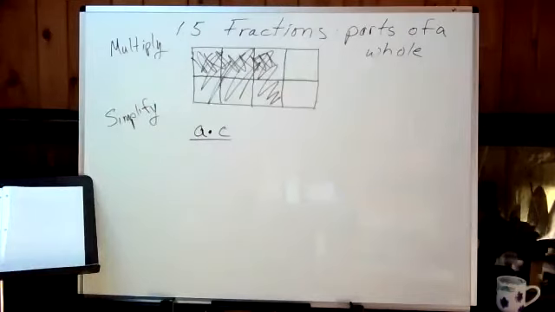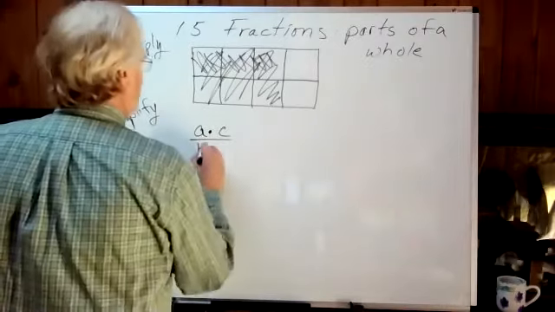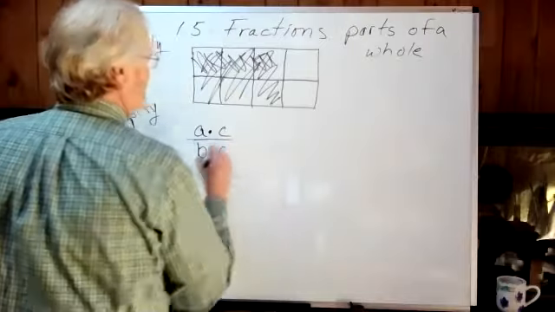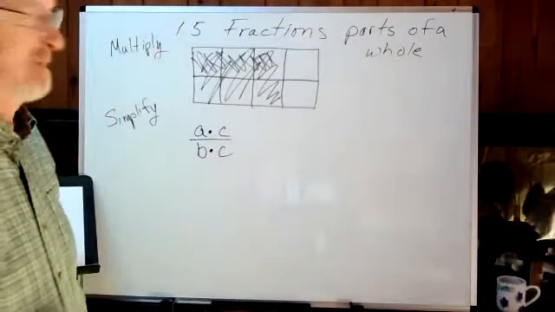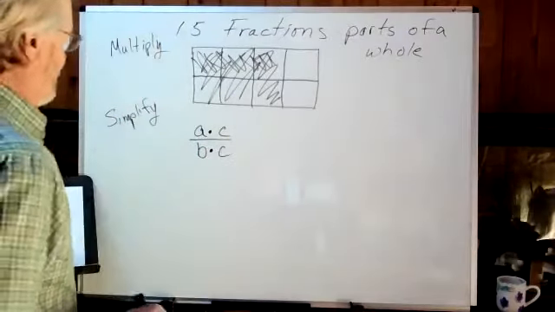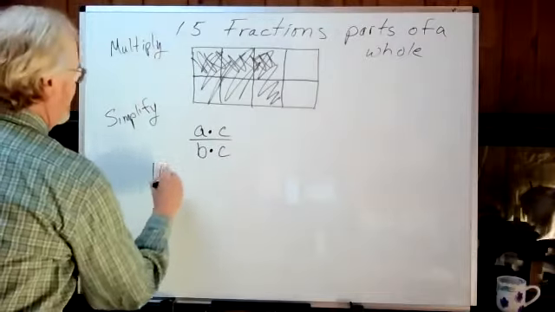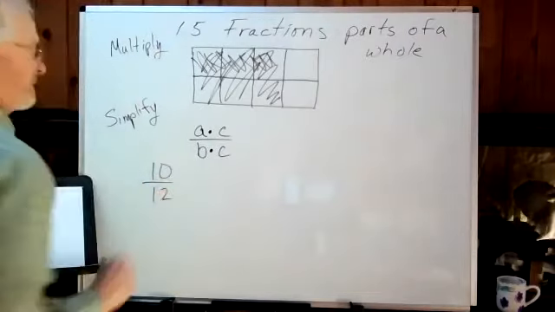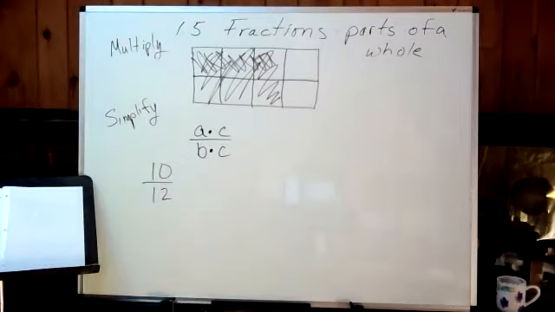Let's say I've got some fraction and I recognize that the numerator and the denominator both have a similar factor in those two numbers. It's kind of like going backwards from what I did a minute ago with the equivalent fraction. Let's say I've got some fraction 10 over 12, right?